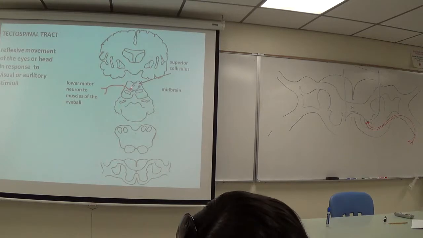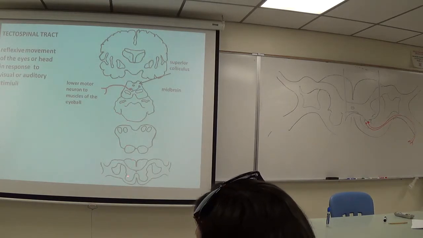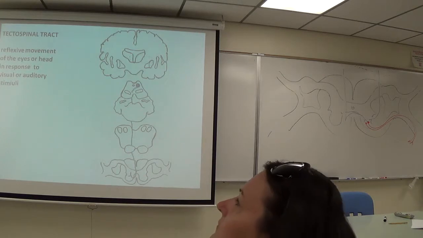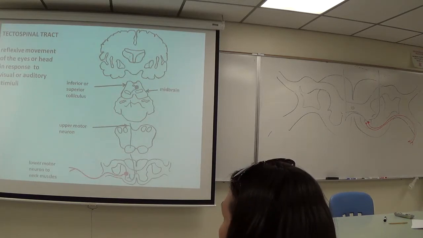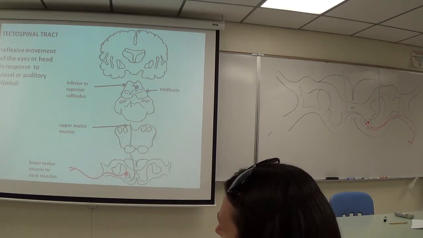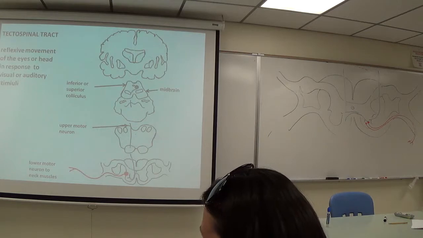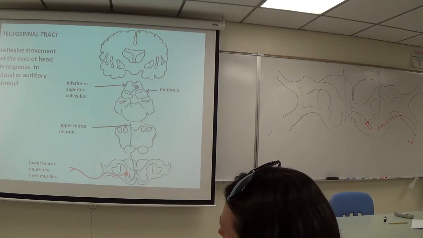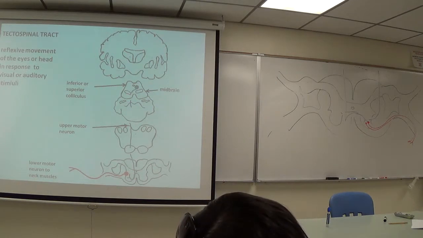So the upper motor neuron is going to go down to my spinal cord to where my neck muscles are. And then my lower motor neuron would move my neck if I was responding to sound. Okay? Sometimes I turn my head in response to I want to move my eyeballs. So I can turn my head in response to sound or sight, but I would turn my head in response to sound.